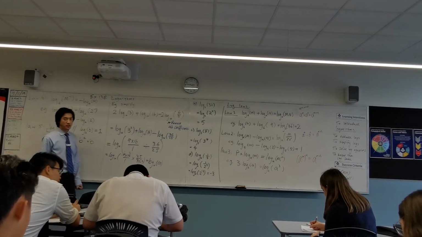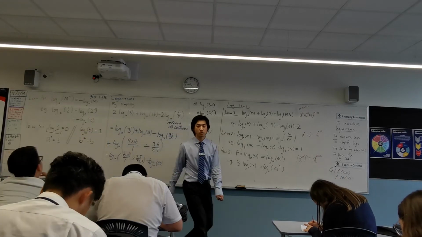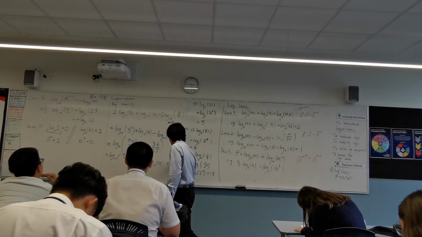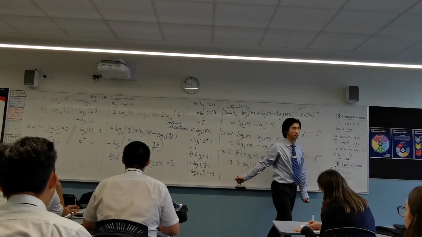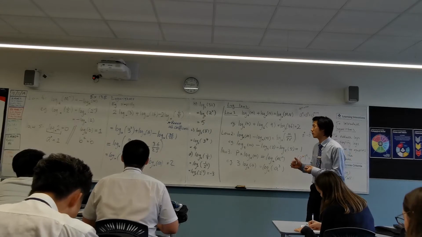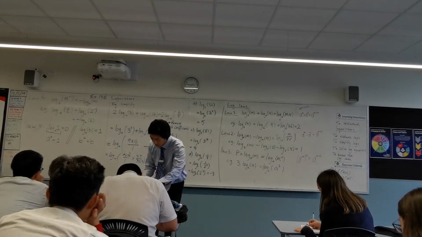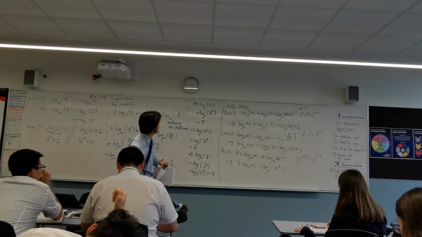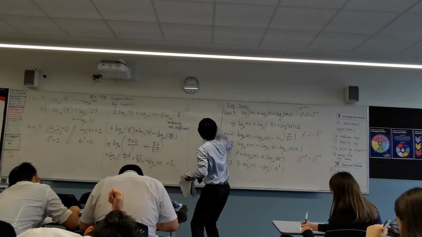The question we ask is, what power of 10 gives us 100? So it's 2. All that monster is just equal to 2. It's down to you to know how to use the log laws effectively. Now we're not done. Don't think you're done, because we've got 4 more examples to do. And the examples are harder than what we just did.